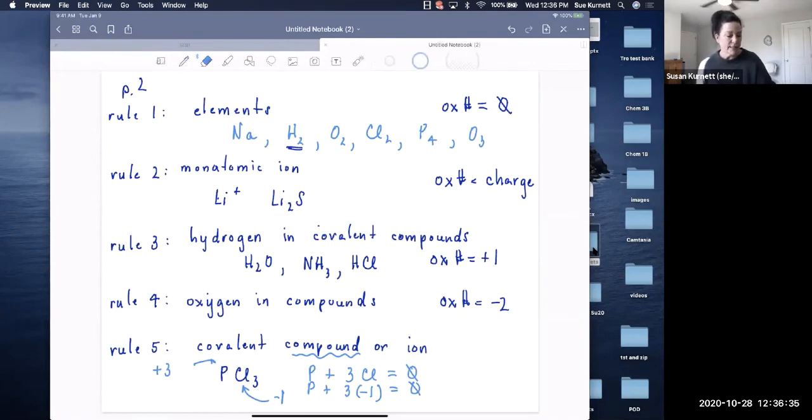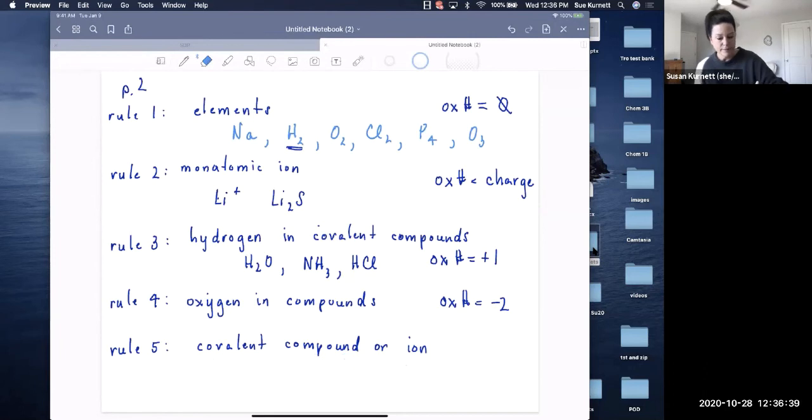So now I want to look at cyanide ion. So cyanide is a polyatomic ion that has a charge of -1. So the oxidation state for carbon plus the oxidation state for nitrogen has to add up to -1, the overall charge.